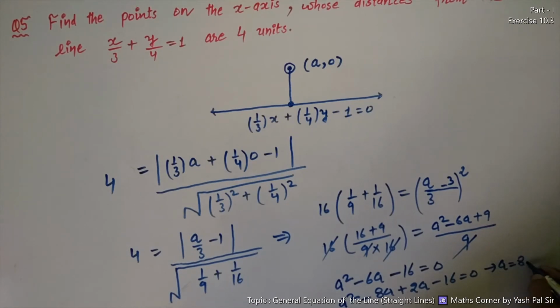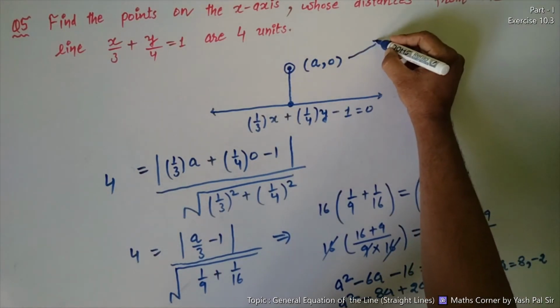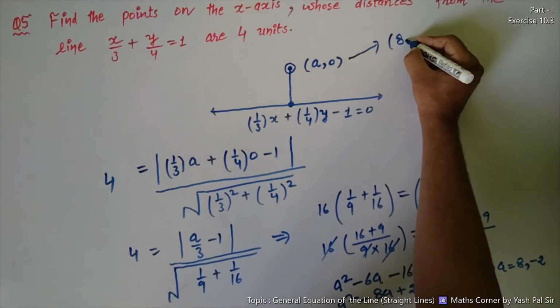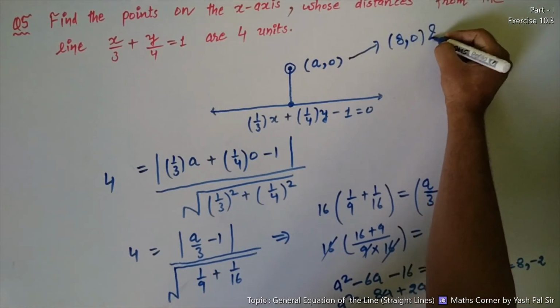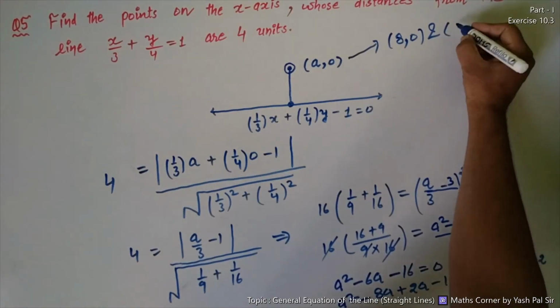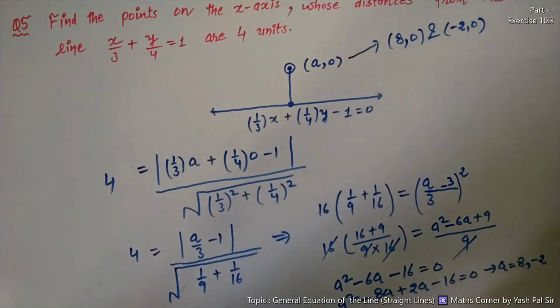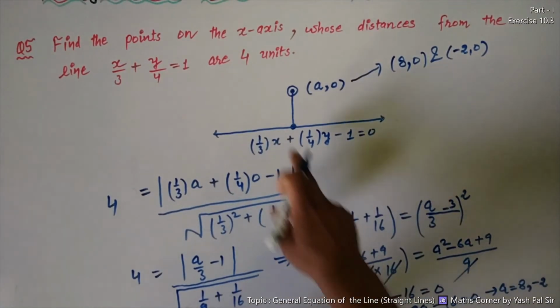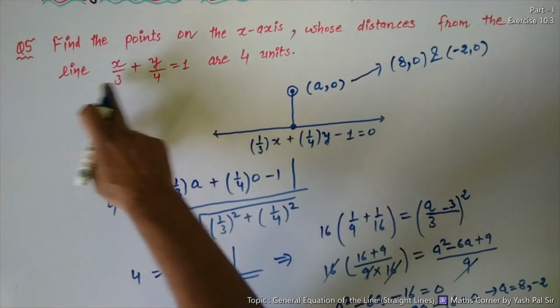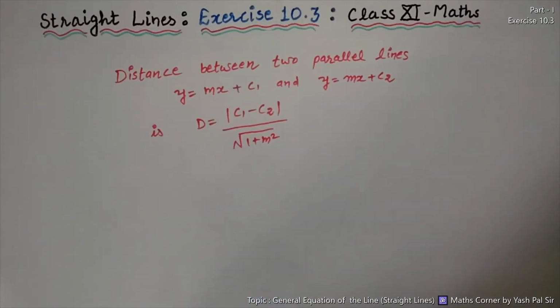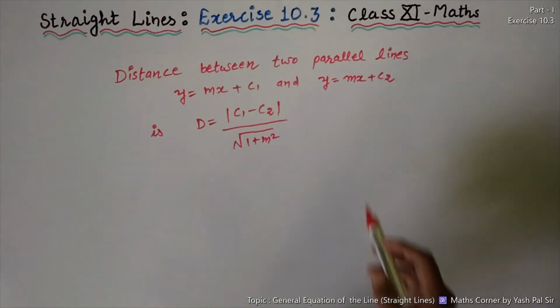From here the value of a is 8, minus 2. So substituting the value of a in this point, when a is 8 the point is 8 comma 0, and when a is minus 2 the point is minus 2 comma 0. These are the points on the x-axis whose distances from the line are 4 units.